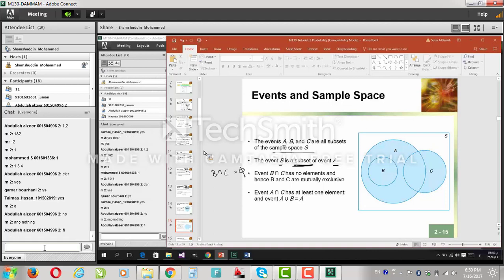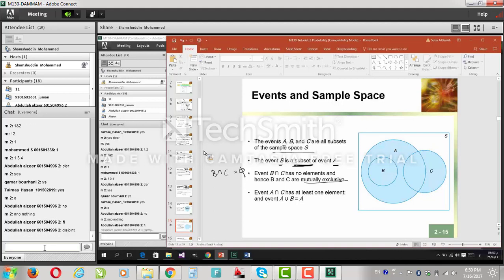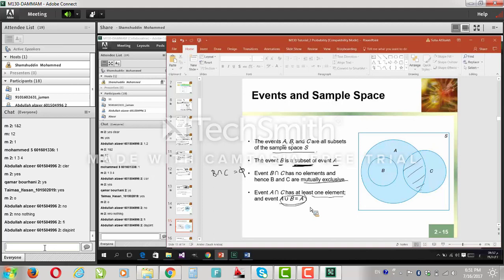B intersect C means nothing. B and C are disjoint or mutually exclusive, completely separated. So mutually say disjoint. And here A and B have at least one element, because I have a part between them.